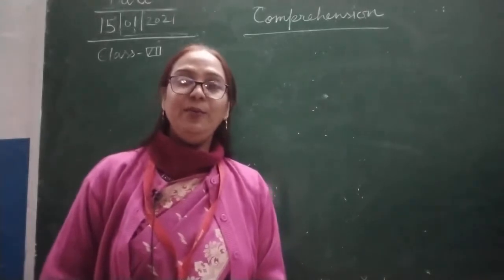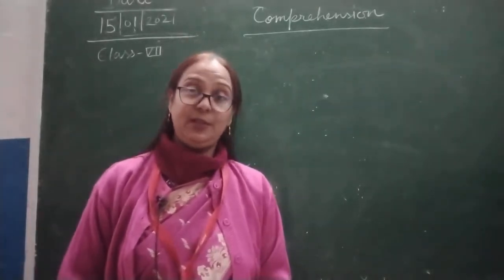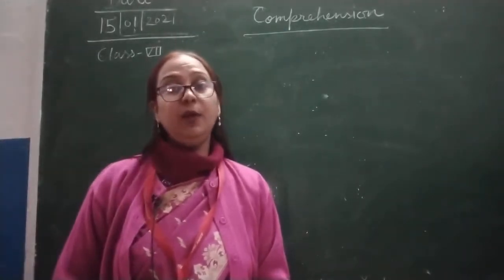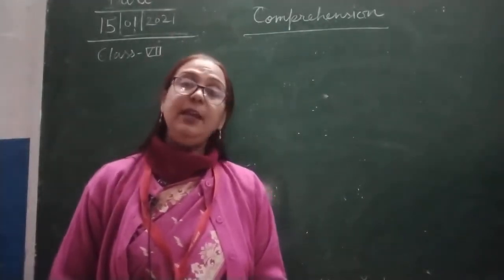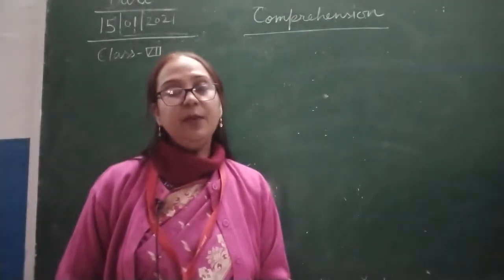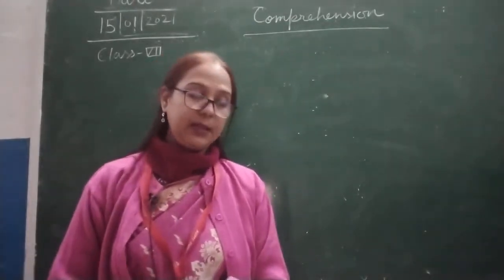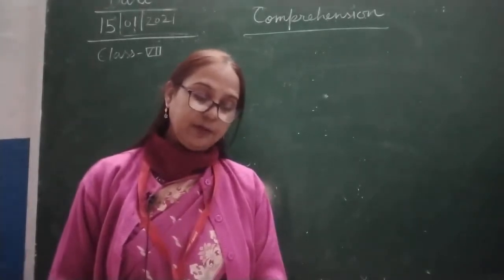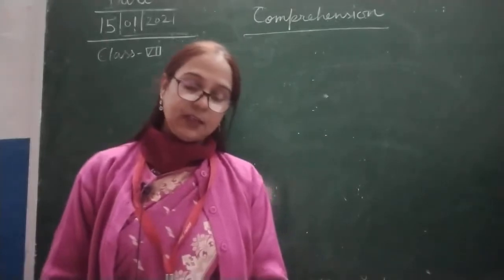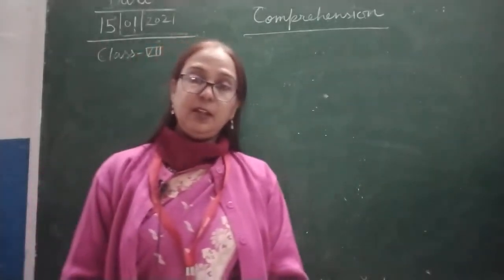Children, as you all know, we are completing the comprehension passage and practicing how to find the answers from it. We have completed many exercises on the basis of this passage, and we have to complete the 5th and 6th questions, and after that the 3rd question.